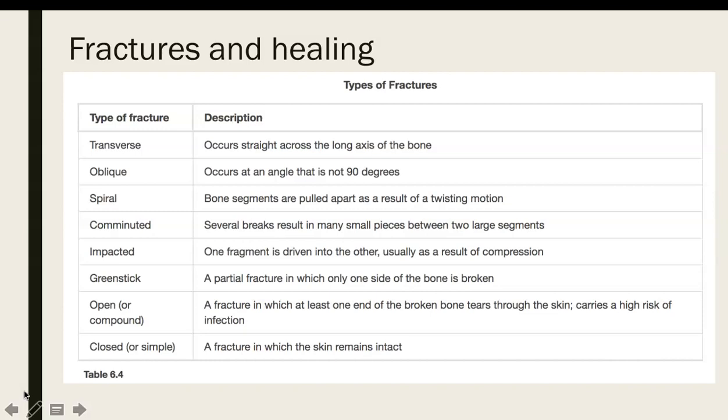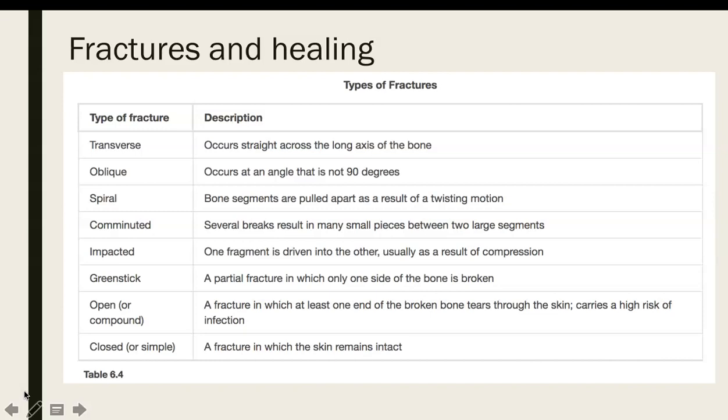This often happens when people fall from a long height, and the impact is at such a force that it will break the bone and actually fracture the bone into pieces. Not just a single simple fracture across, but a kind of crushing force, which leaves fragments of the bone in between the two segments. So that's called a comminuted fracture.